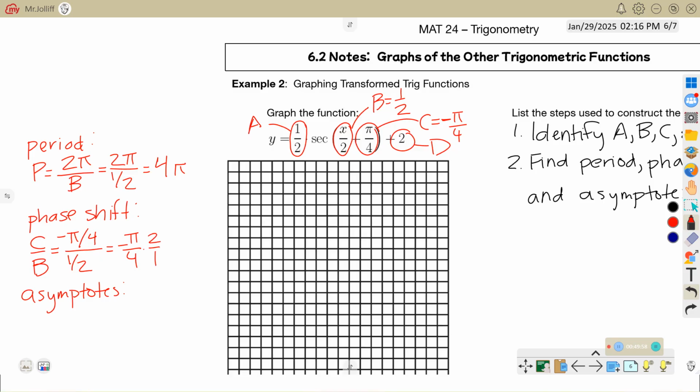And I see some canceling that can happen. 2 and 4 are both divisible by 2. I'm pretty sure that's going to become 1 and 2. So on top, I've got negative pi times 1, which is just negative pi. On bottom, 2 times 1, which is just 2. My phase shift is 1/2 a pi backwards. I'm going to pick up the whole graph. I'm going to shift it by 1/2 pi backwards. Good. Yay. And then the asymptotes.